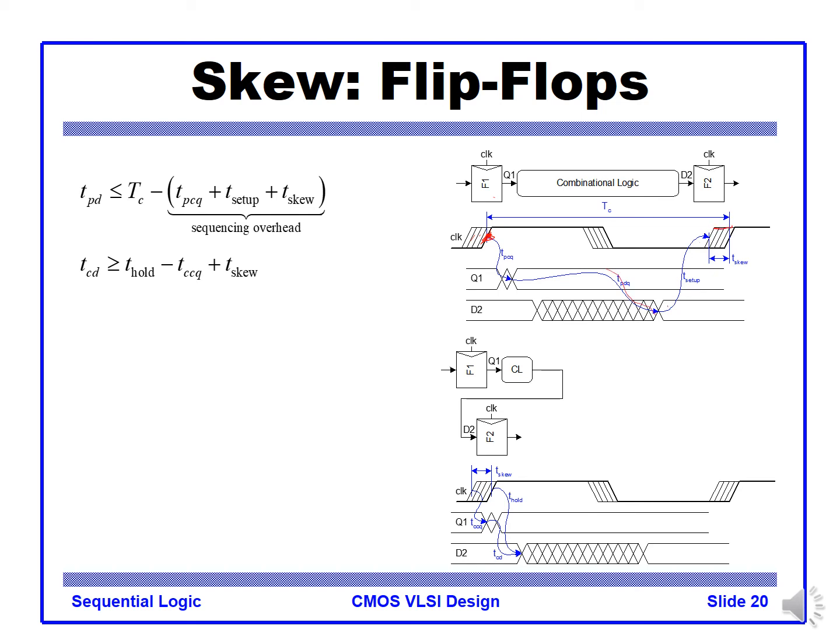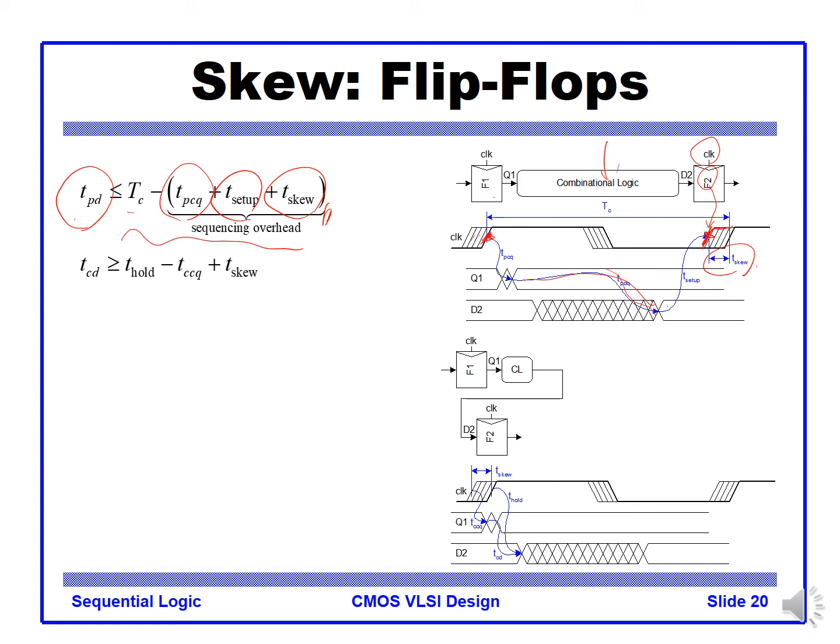Because of the clock skew, if the clock 2 on the F2 arrives earlier, like shown here, then the combinational logic delay allowed is smaller. So the equation for propagation delay is clock-to-Q delay plus setup time plus T skew. So the amount of time allowed for combinational logic is reduced by that clock skew.